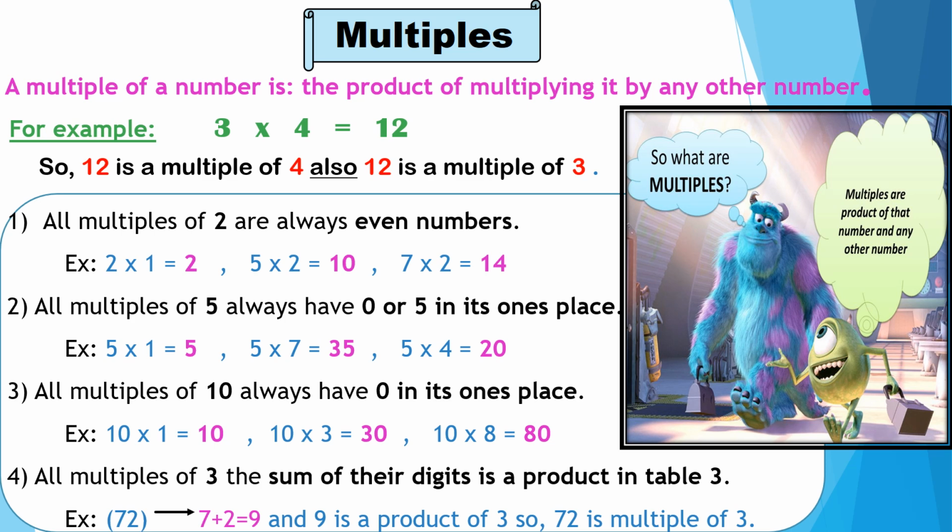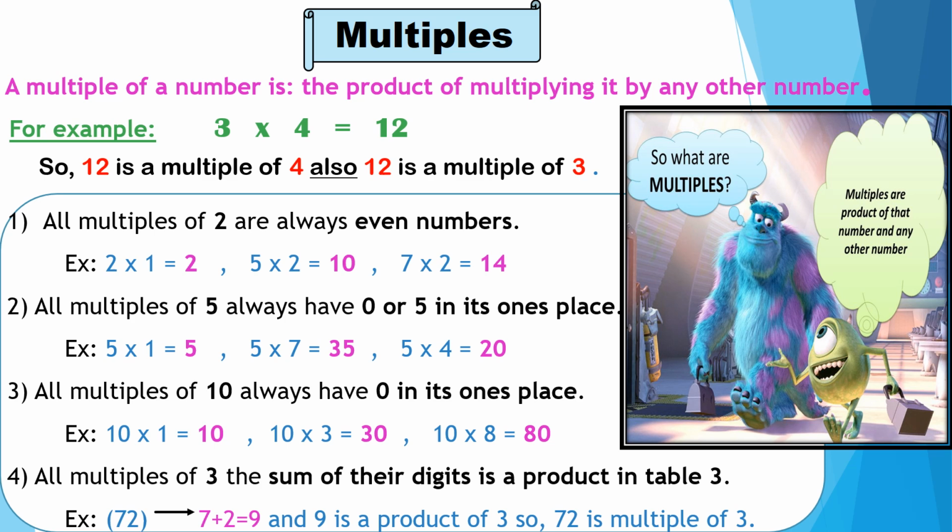Number 4: for all multiples of 3, the sum of their digits is a product in table 3. How can we know it? If I give you the number 72 and I want to know whether 72 is a multiple of 3 or not, I will add the digits of 72. 7 plus 2 equals what? 9.